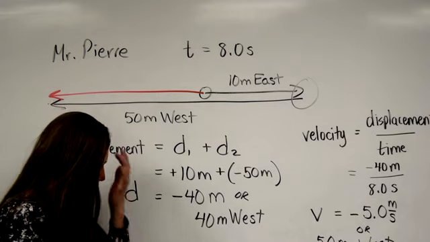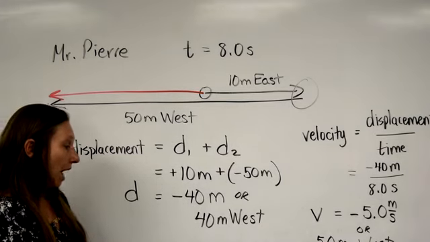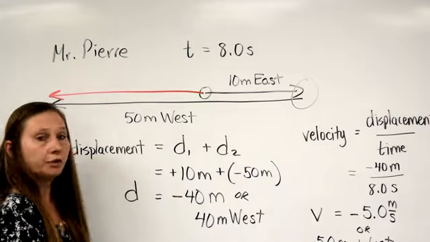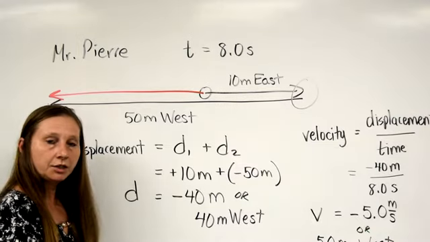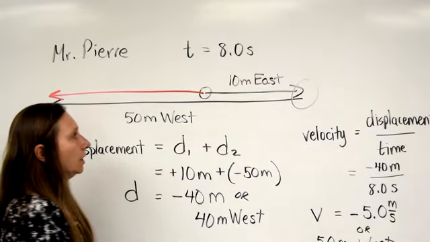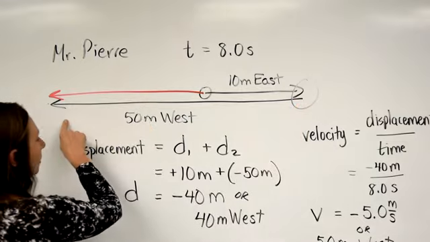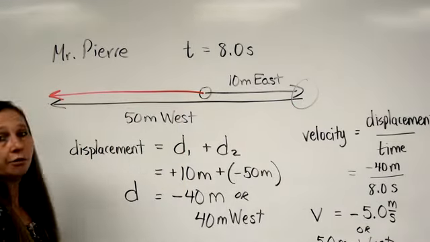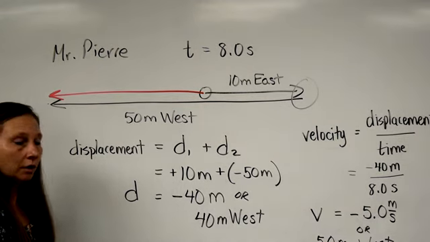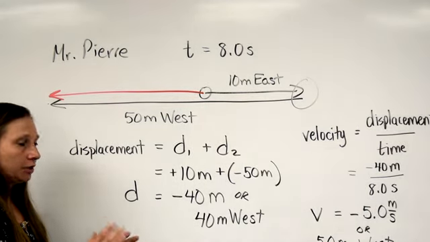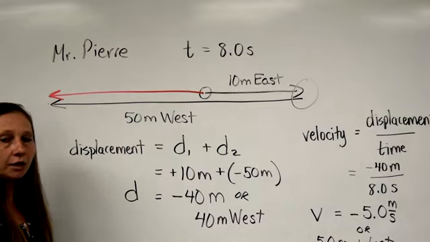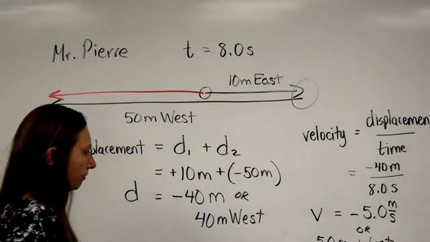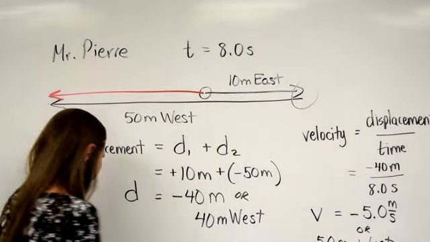So the magnitudes of the speed and the velocity are not the same, because the distance was 60 meters and the displacement was negative 40 meters. The speed and the velocity come out with different magnitudes when you go in opposite directions.